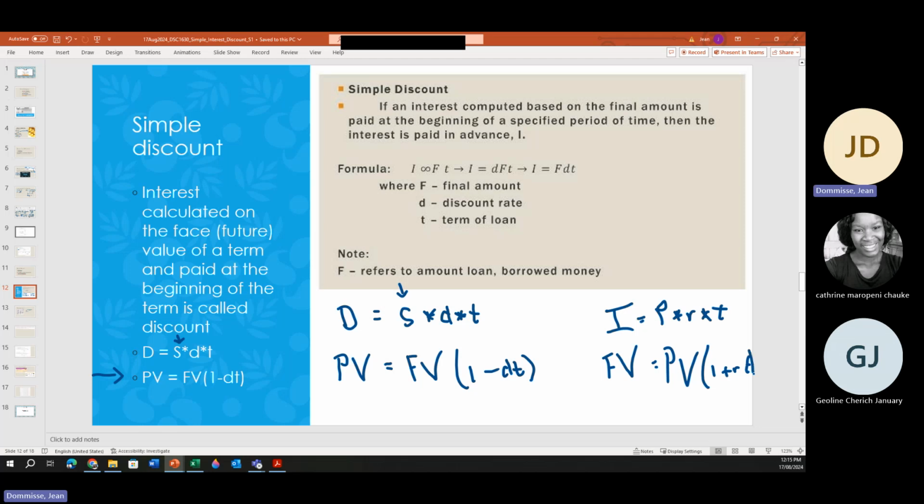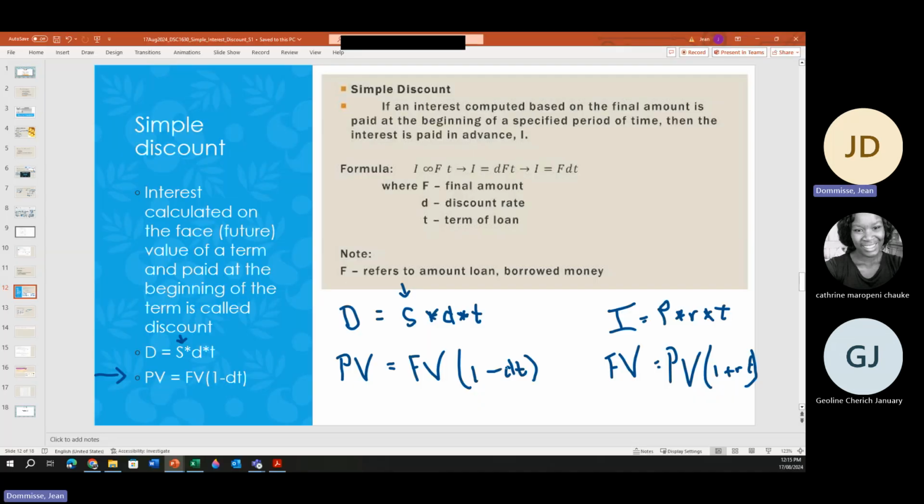Okay, so it is also important to see the differences because they might also ask in a question that sometimes you get a simple discount rate and you need to put it back into a simple interest rate.